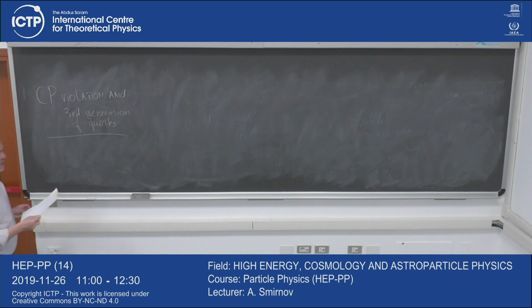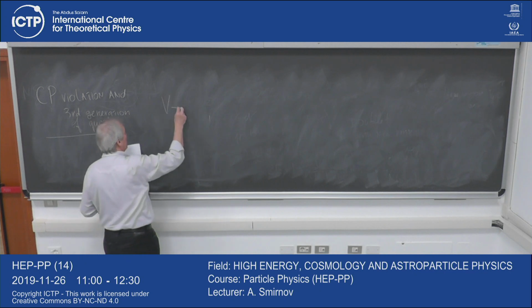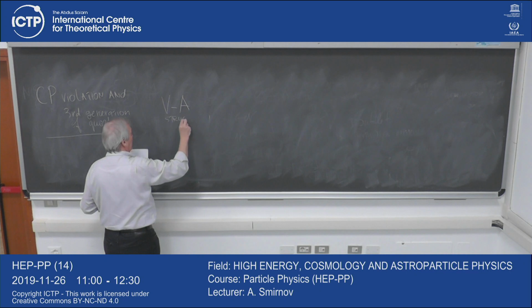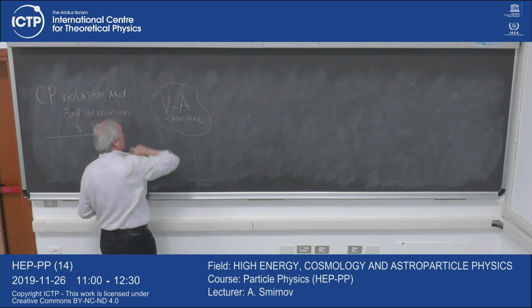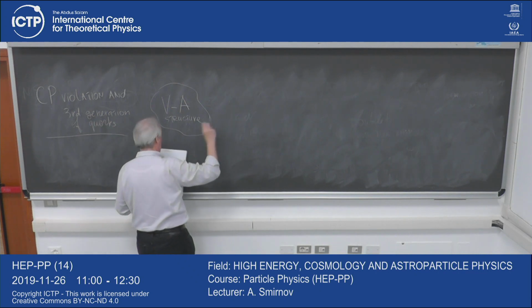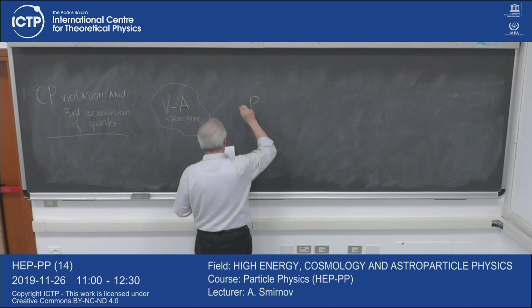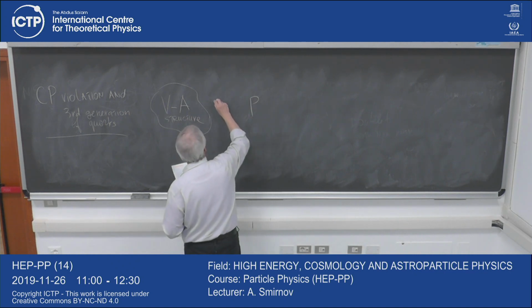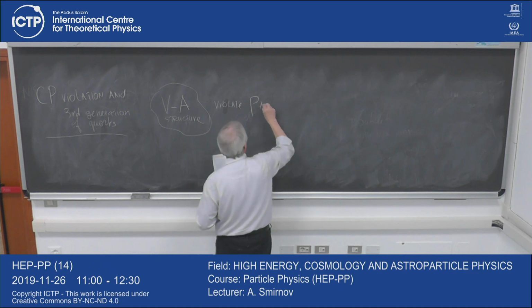So we discussed weak currents, and weak currents have V minus A structure. Again, I will discuss parity violation later. Which means that weak currents violate parity.